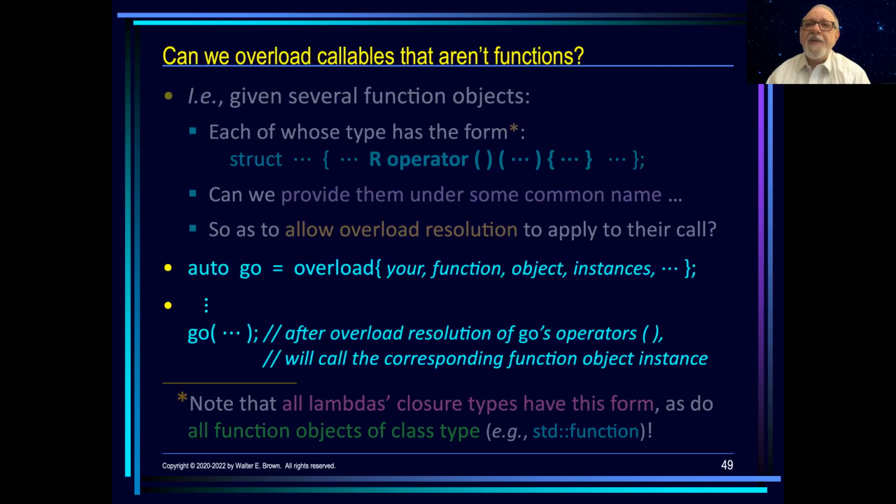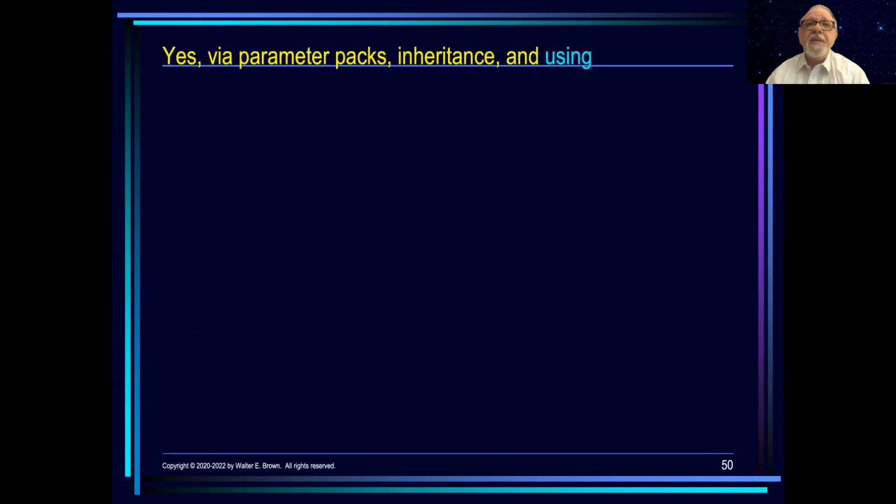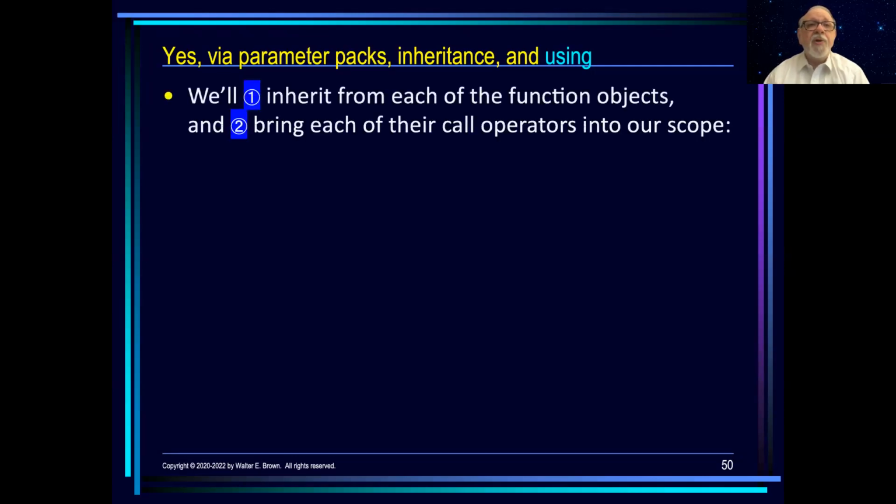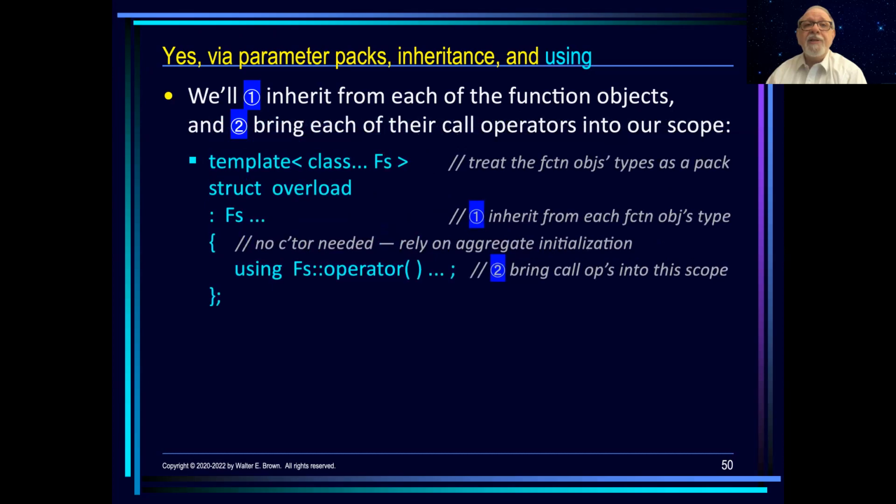And it turns out to be astonishingly simple with the right tools. We use parameter packs, inheritance, and a using declaration. So the plan, we're going to inherit from each of the function objects, and then we'll bring each of the call operators into our scope. And the whole thing looks like that. That's it. That's complete.